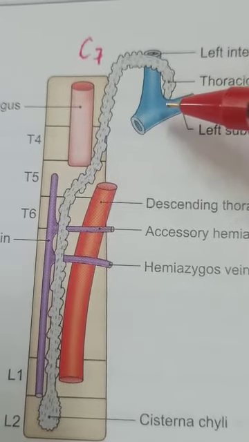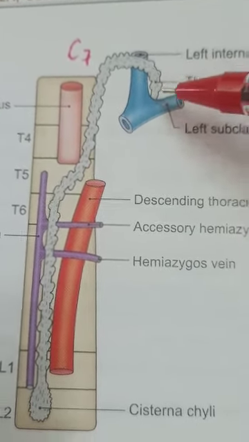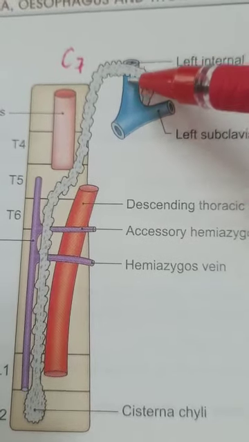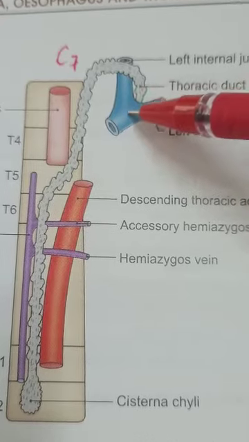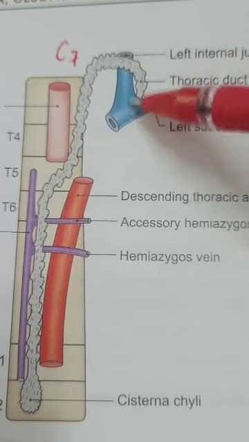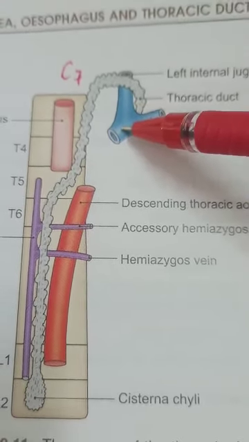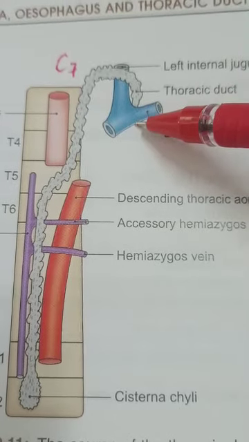Then it ends by joining at an angle at the junction of the left internal jugular vein and the left subclavian vein.